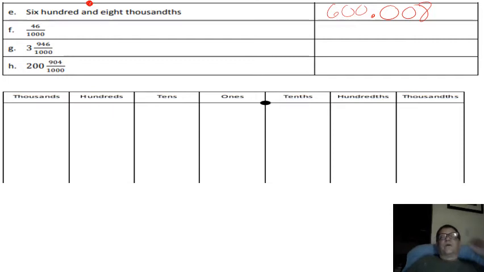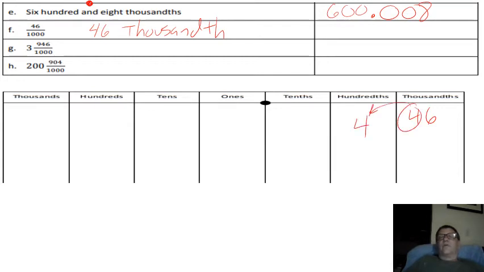Now, the next one is in fractional form, but it's the same as saying 46 thousandths. So if I put 46 thousandths here, I know I got to move that 4 over to here.